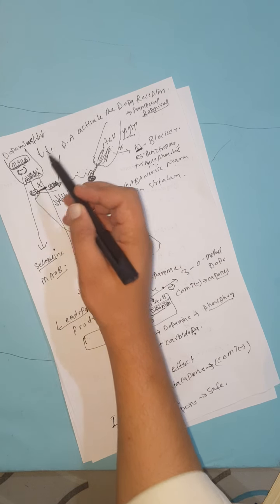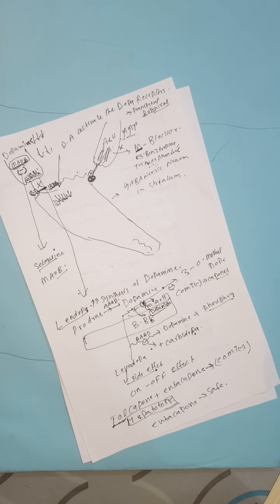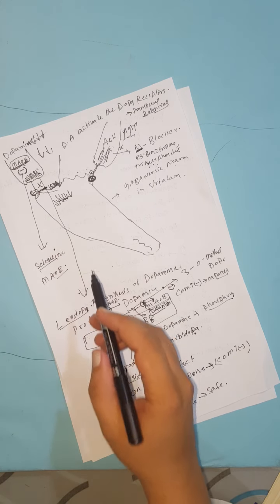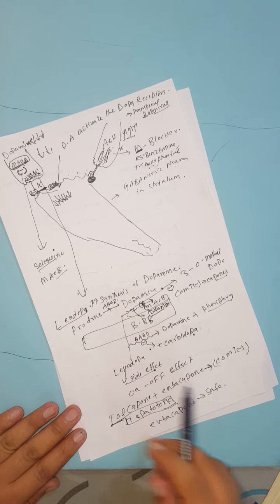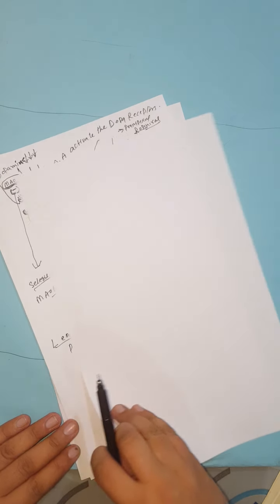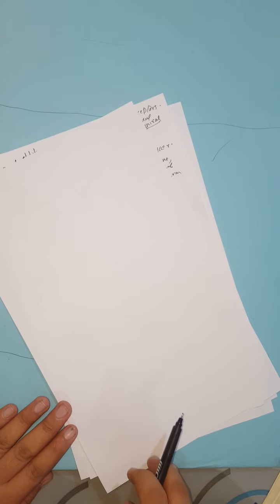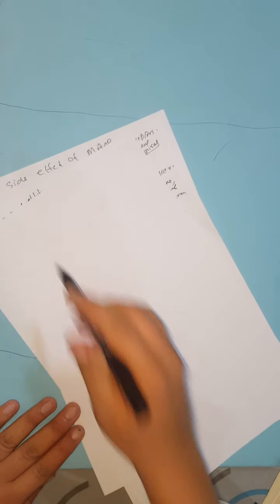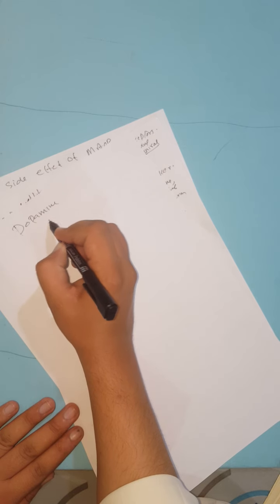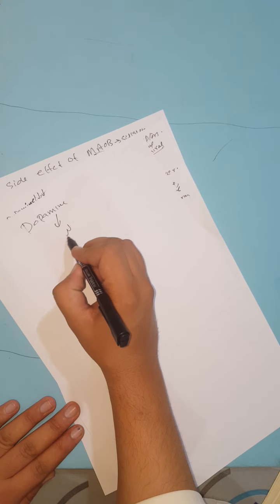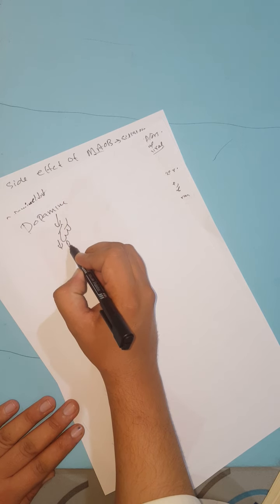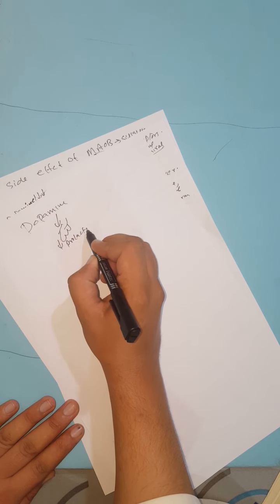Dopamine is also released in the hypothalamus into the pituitary gland to decrease prolactin secretion.